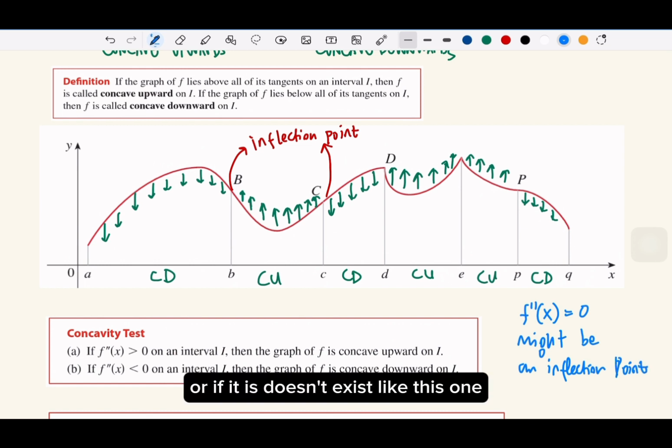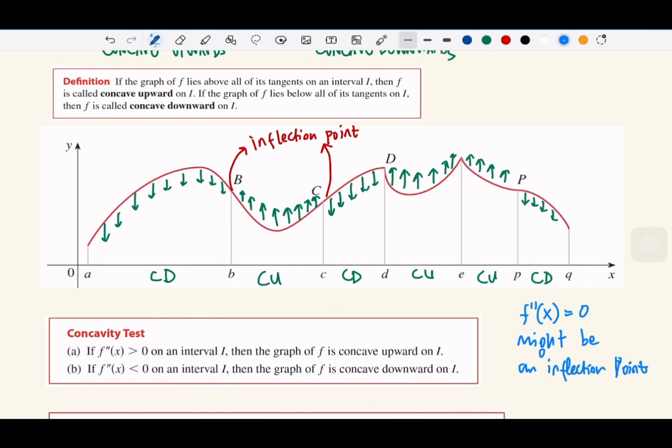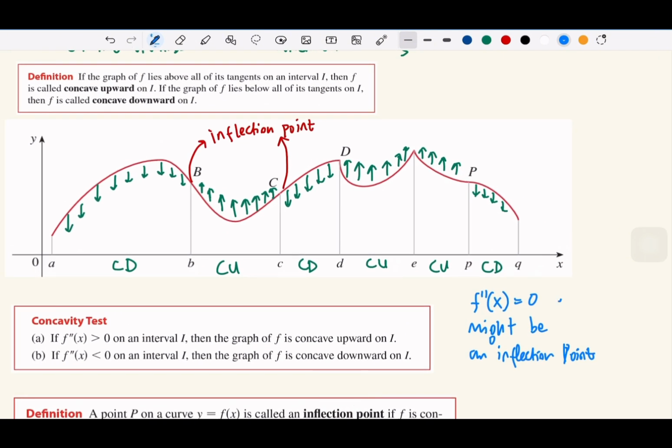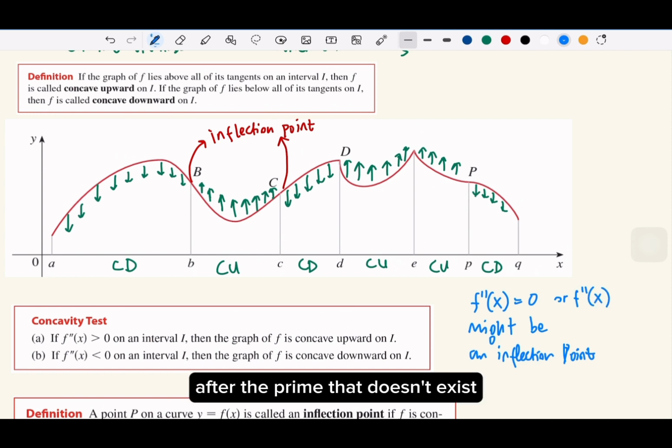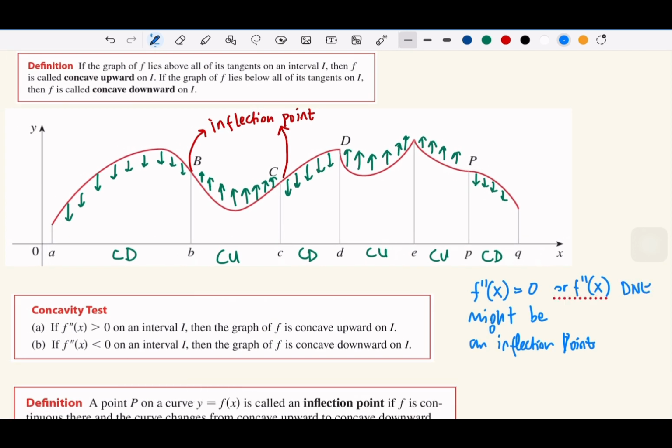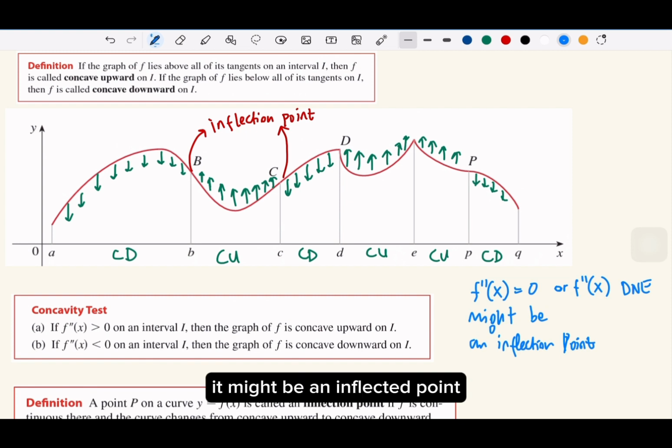Or if it doesn't exist, like this one, as a slope it doesn't exist. But perhaps we could also say that it can be an inflection point. Or f double prime doesn't exist. With these two possibilities, again, it might be an inflection point. So whenever we change the concavity, that point is what we call the point of inflection.